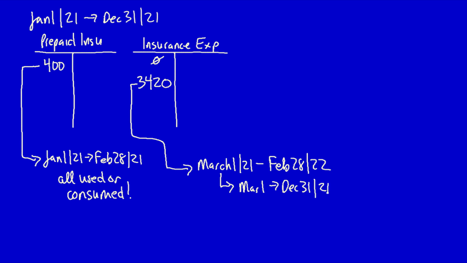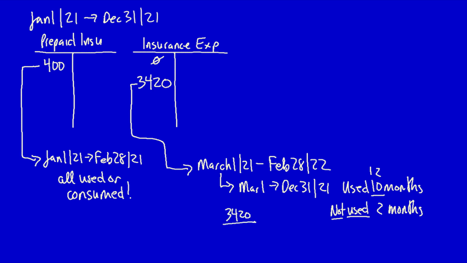That's March, April, May, June, July, August, September, October, November, December. 10 months. I have used 10 months. What is unused? 2 months. Therefore, 2 months of this insurance policy have future economic benefit, and they have to go back onto the statement of financial position. Let me calculate the 2 months that are unused.